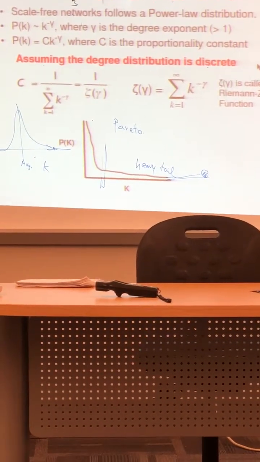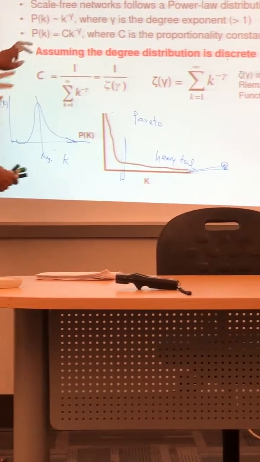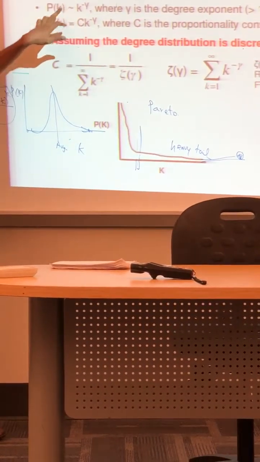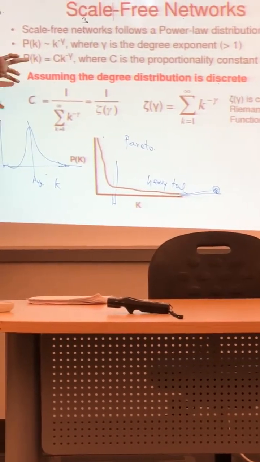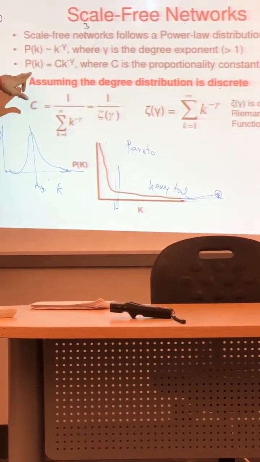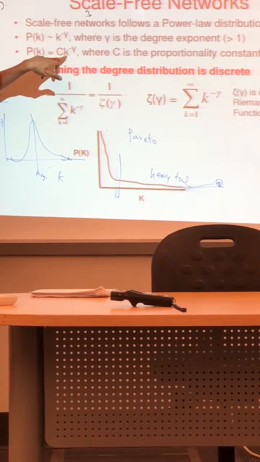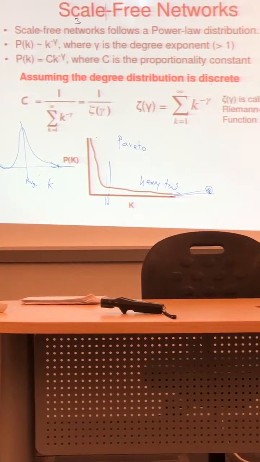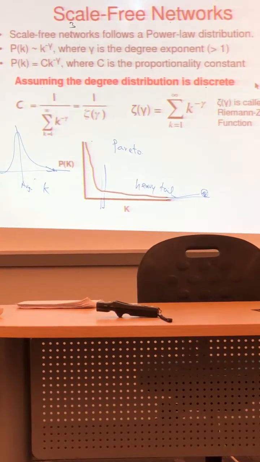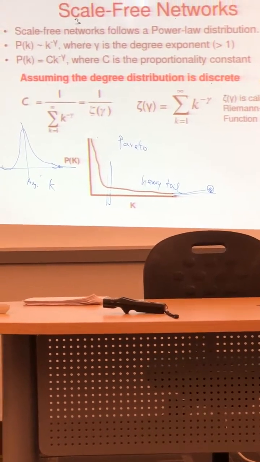So gamma is greater than 1. If you remove the proportionality sign, you can introduce a proportionality constant. So P of k is C times k raised to negative gamma. This is the equation for a power law distribution, or for a scale-free network model.